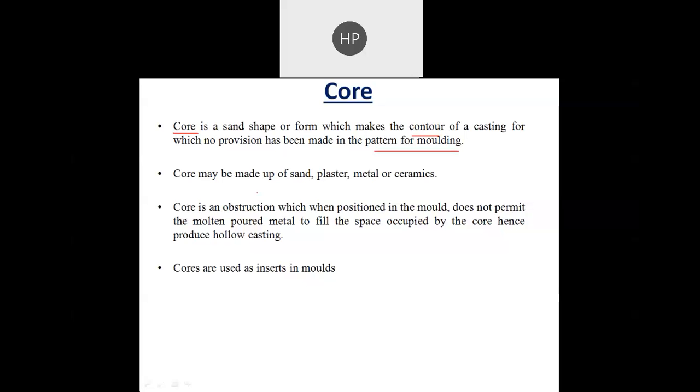Generally this core is made up of sand, plaster, metal, or ceramic. So the core can be made of different materials, depending upon the requirement.